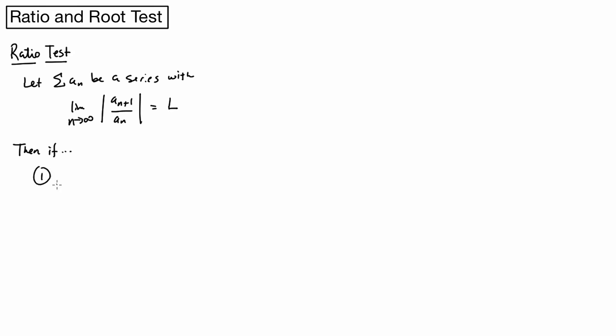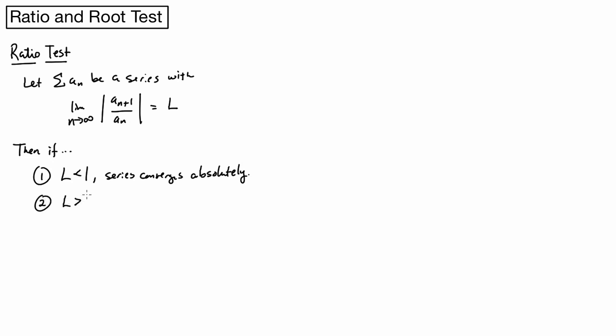So the first possibility is if L is less than 1, then the series converges absolutely. That's a very strong result. That means that not only does the original series converge, but its absolute value series will converge as well.